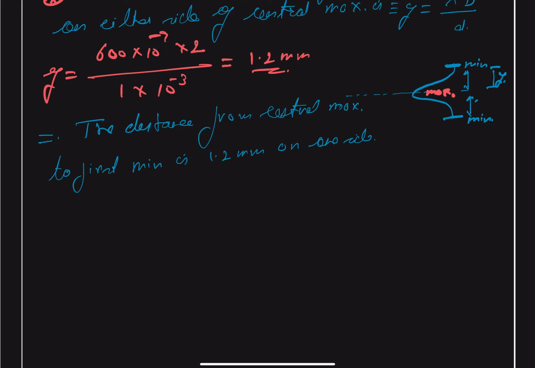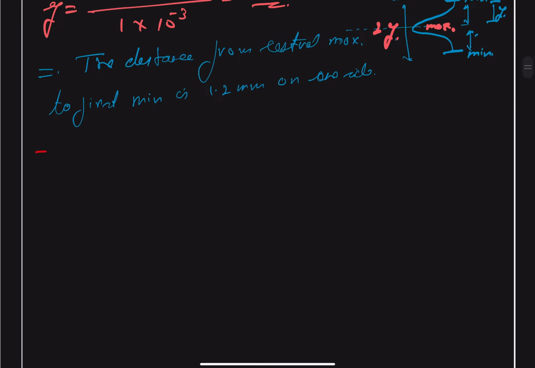So it means the total distance between the minima on either side will be twice of y.